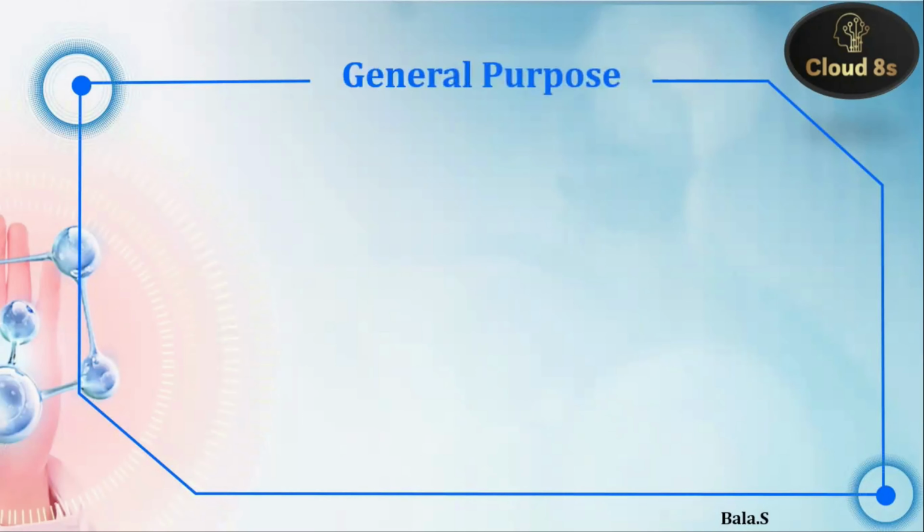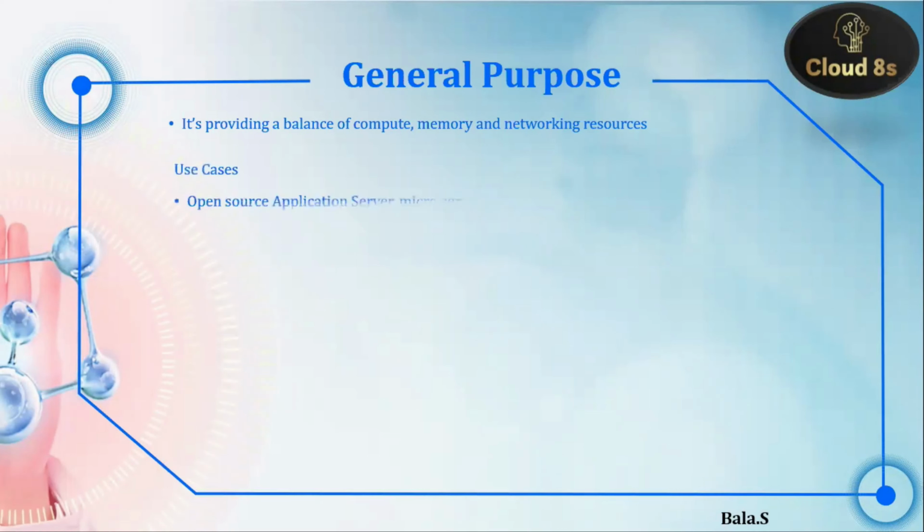General purpose is one of the instance size categories. If we need to balance compute, memory and network resources for our workload, we can go with general purpose. It is the most commonly used for all kinds of workloads. The use cases for general purpose are open source applications, microservices or gaming services.